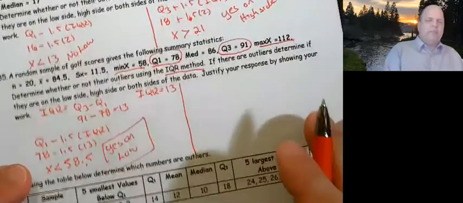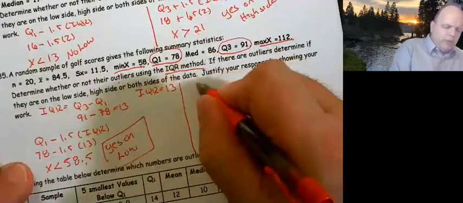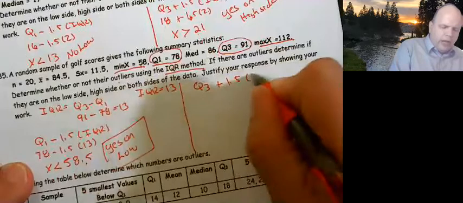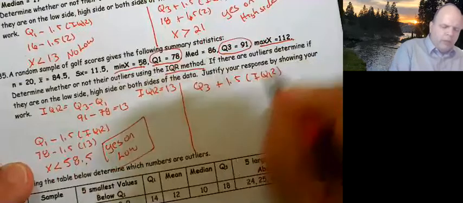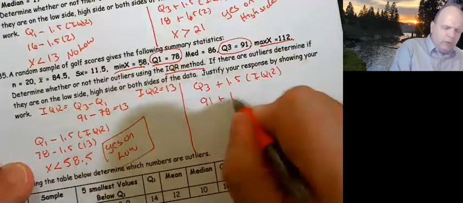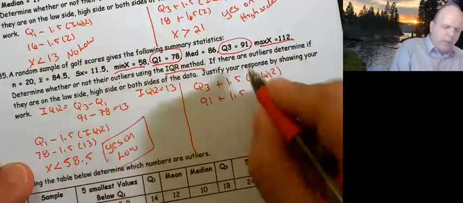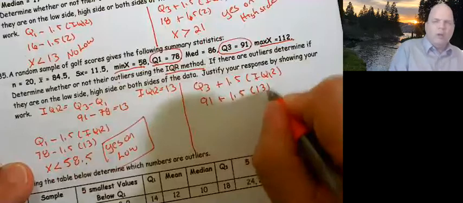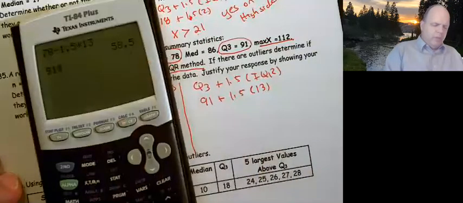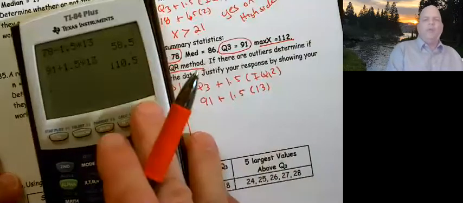On the high side, our formula is going to be Q3 plus 1.5 IQR. Q3 is 91. We already said our IQR happens to be 13. So 91 plus 1.5 times 13 is 110.5.